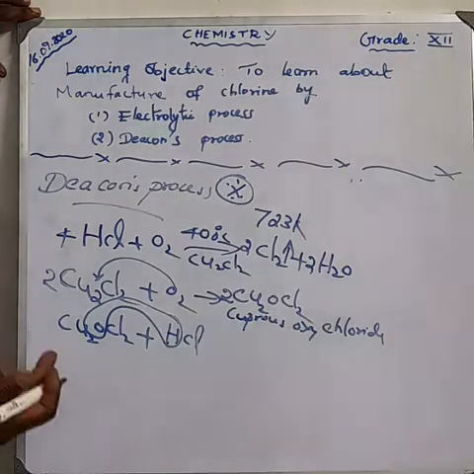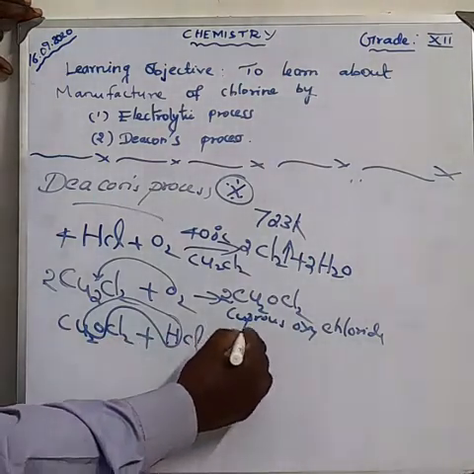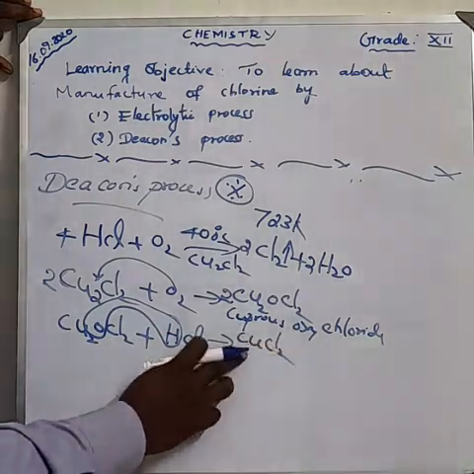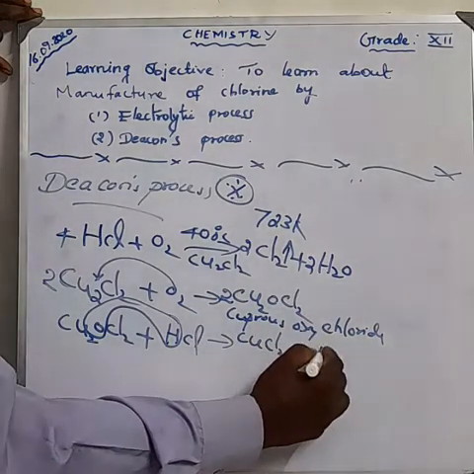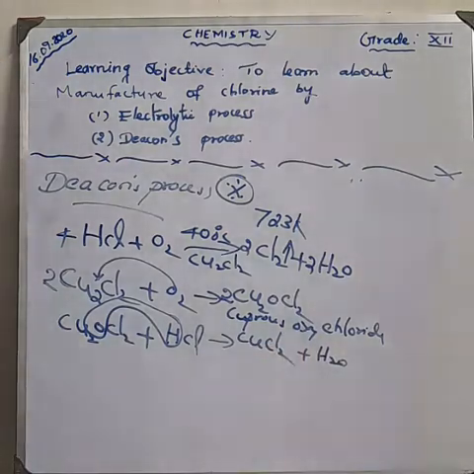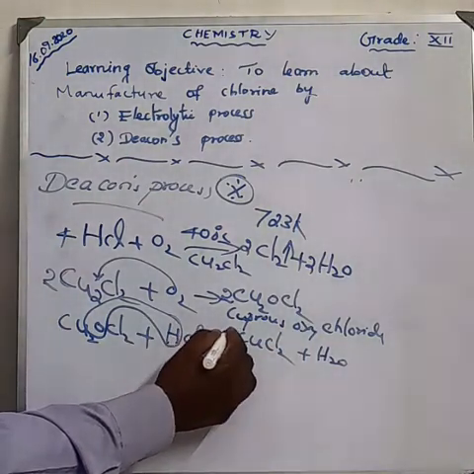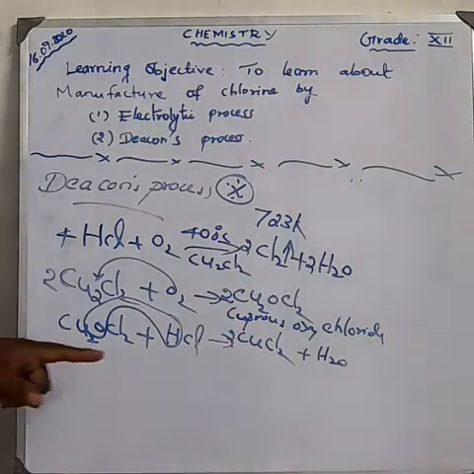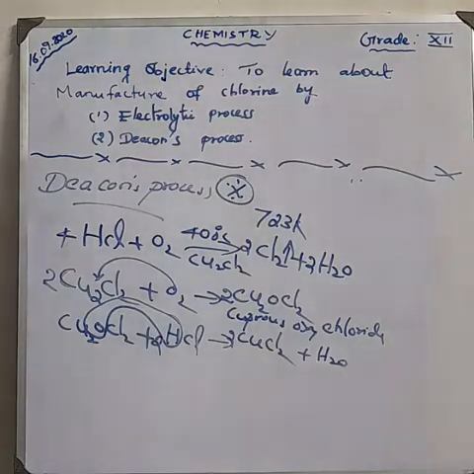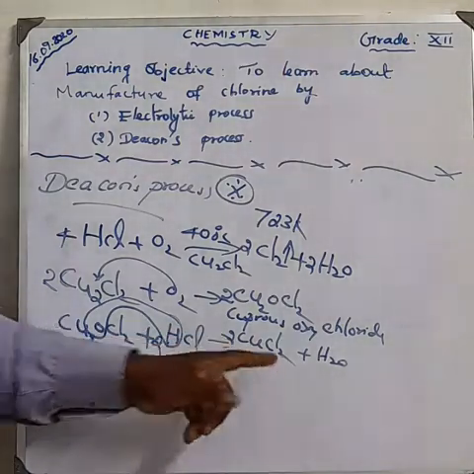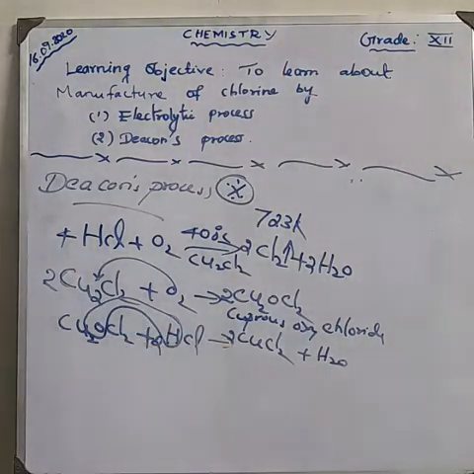We get cupric chloride, formula CuCl2, plus H2O. Now how can we balance the equation? Here I have 2 copper, so make it 2 copper. Also here I have 2 hydrogen, so make it 2 here. Now chlorine is 4, then 2 twos are 4. Now the reaction is balanced.